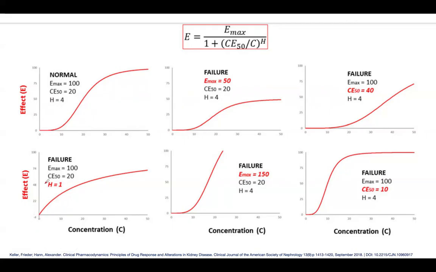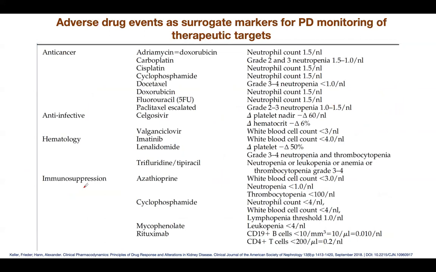And when the Hill coefficient decreases, we need to again increase the dose of the drug to reach the desired effect. So these pharmacodynamic metrics also need to be considered while dosing in CKD patients.